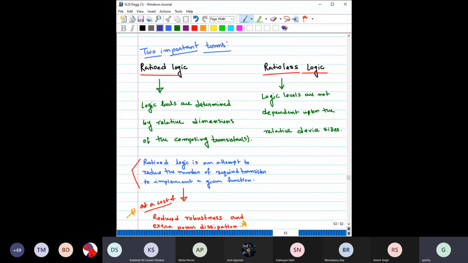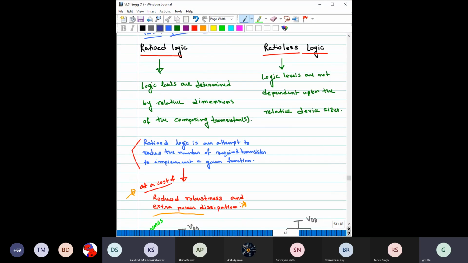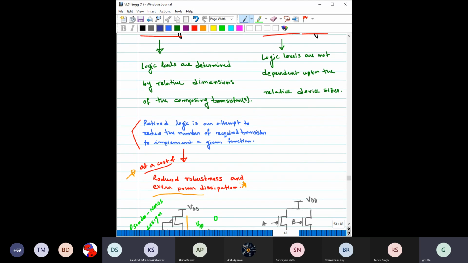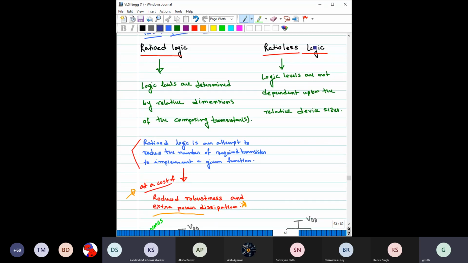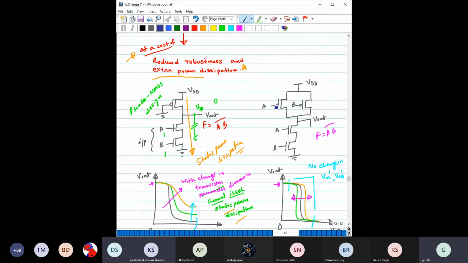Yeah, so here we have discussed ratioed logic and ratioless logic. Ratioed logic is the logic where the logic levels are determined by the relative dimensions of the composing transistors. Ratioless logic is where the logic levels are not dependent on that. Okay, so here are the examples. For example, the ratioless logic is the static CMOS that we have already done.